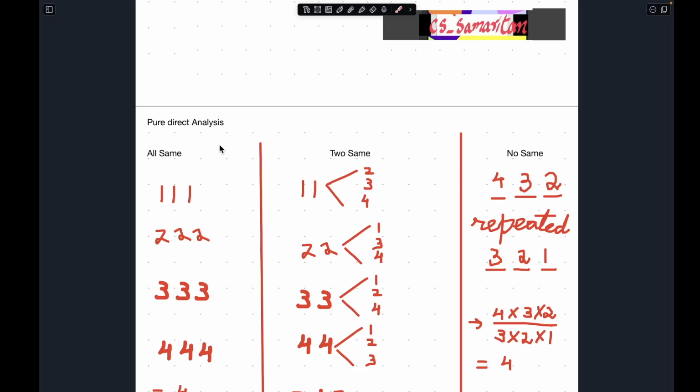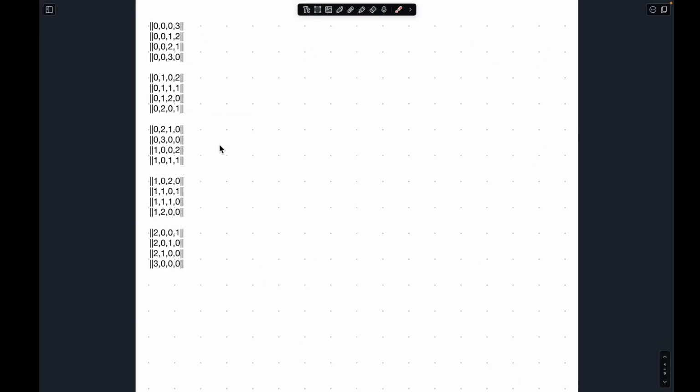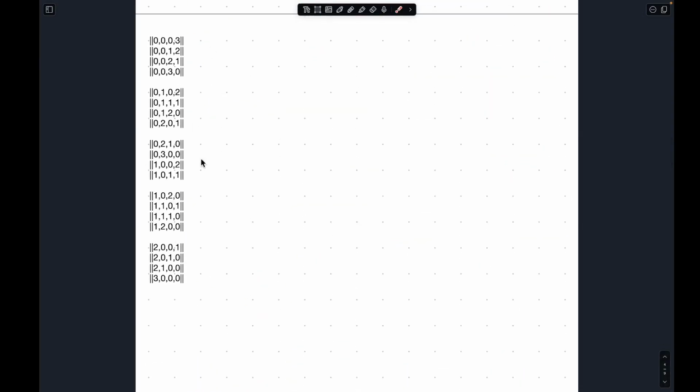How? Let me show you the data. So these are actually the 20 combinations for the 4 flavors that exist over there, right? Let these things be separated by commas and written inside of these 2 lines. So they represent your flavors, right?